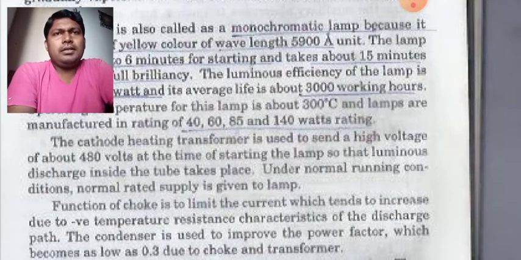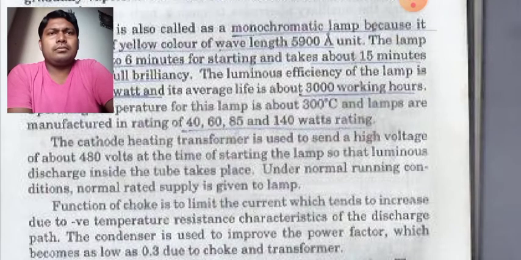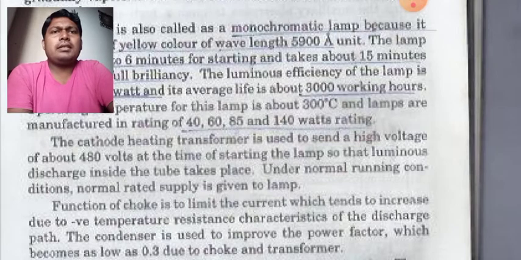So the cathode heating transformer is a vital thing. It sends a high voltage of nearly 480 volt at the time of starting the lamp, so that luminous discharge inside the tube takes place.